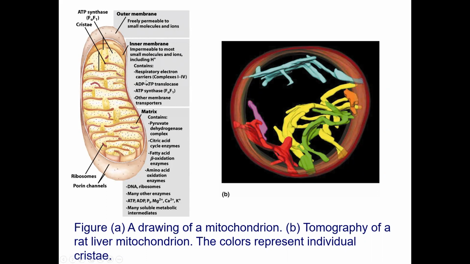A very important transporter protein is called ATP-ADP translocase. It's actually an antiporter that allows ATP that has been synthesized in the mitochondrial matrix to go out of mitochondria, and it allows ADP to come in across the inner mitochondrial membrane, right?